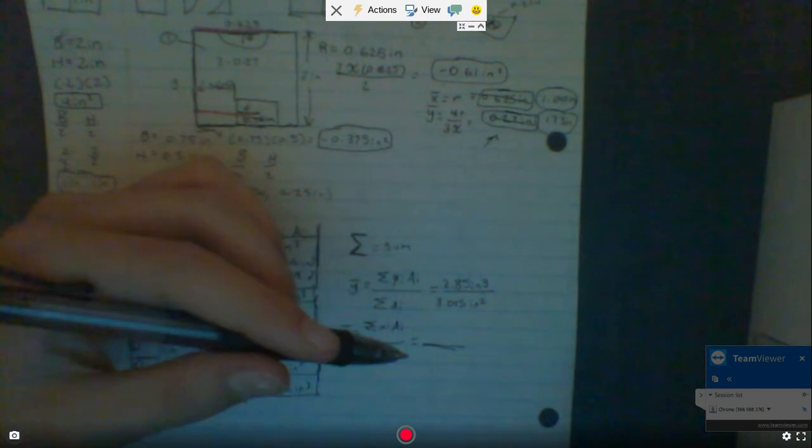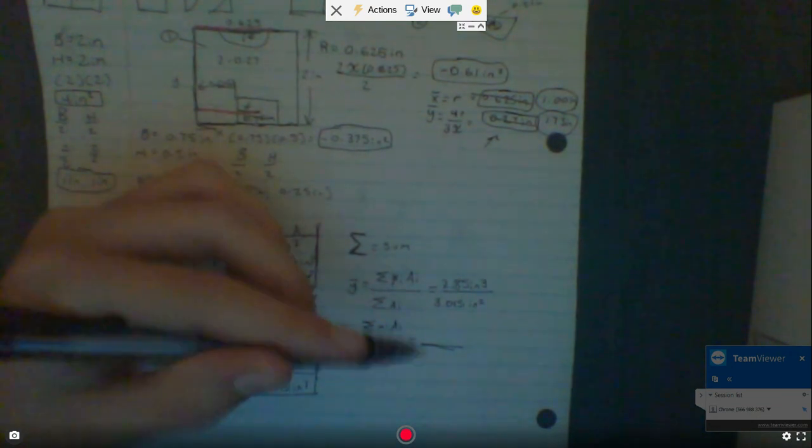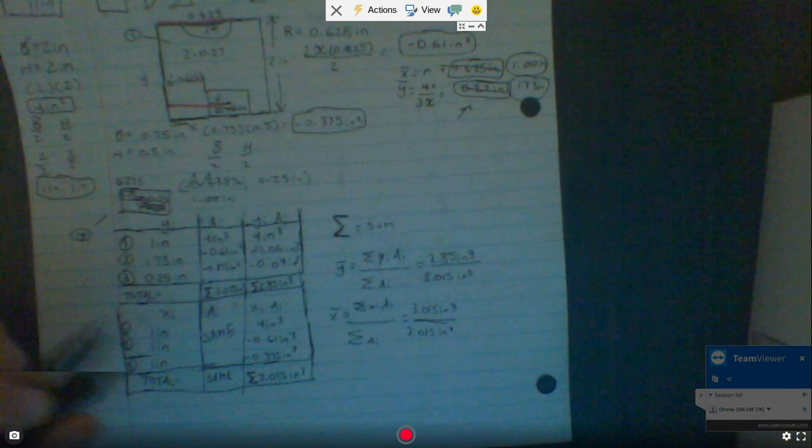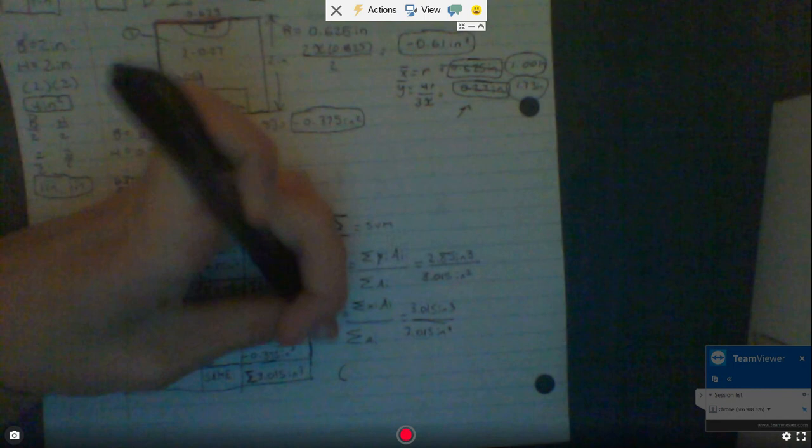And then for this, it is 3.015 inches cubed. And then remember, it was the same for xi. So there you go. We have the equations, now we solve. And when you solve those, for the x, which is this, you get just 1 inch, because that's the same thing on the numerator and denominator.